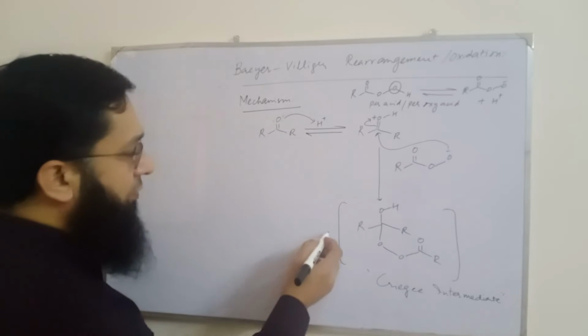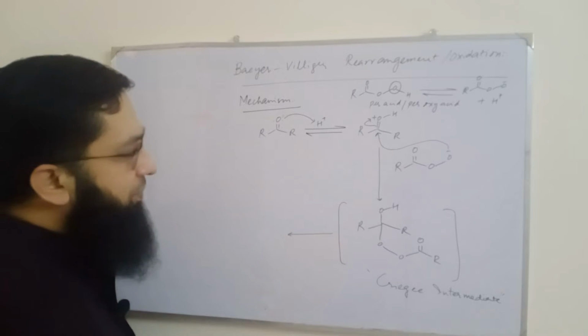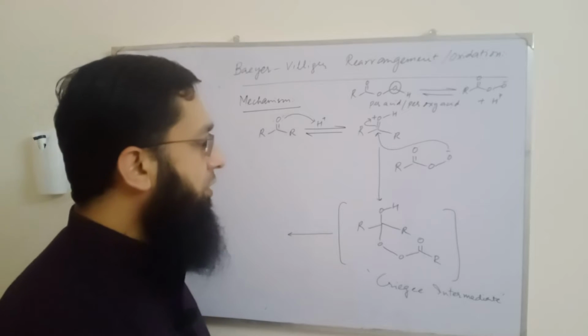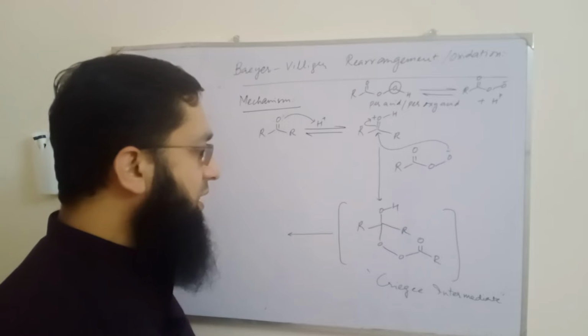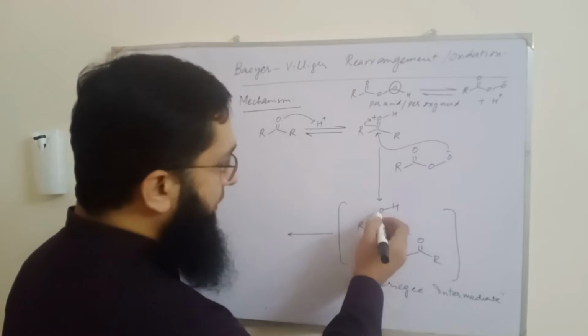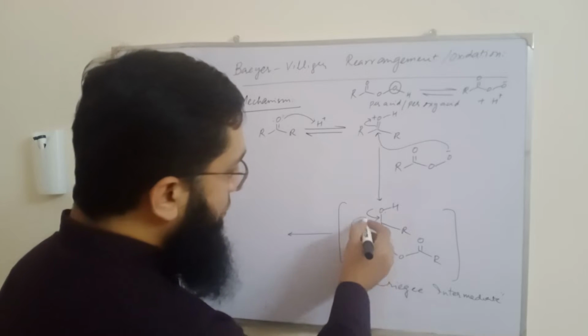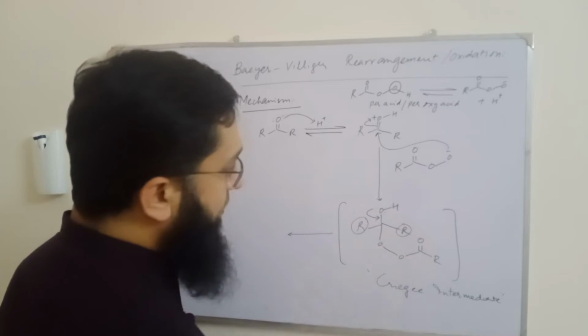And we have talked about it already, that when an sp3 carbon is attached to two or more electronegative atoms, it is unstable, so it would collapse. So this would come down, and one of these two groups would migrate to this oxygen.